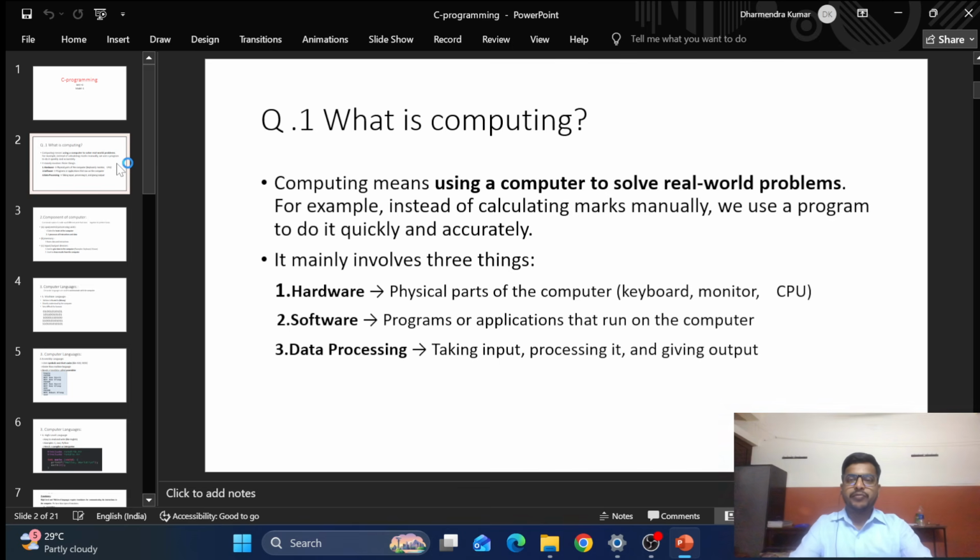The software part of the computer is an application, a program that runs inside the computer or on the computers. And the third one is data processing. Data processing means taking input from the users, processing it, and giving output to the users. Clear?